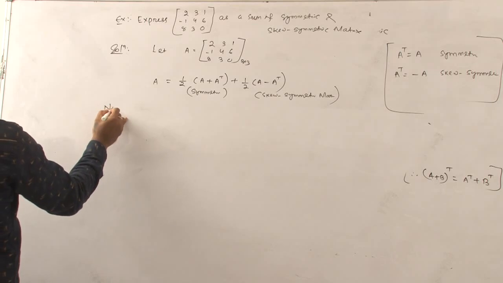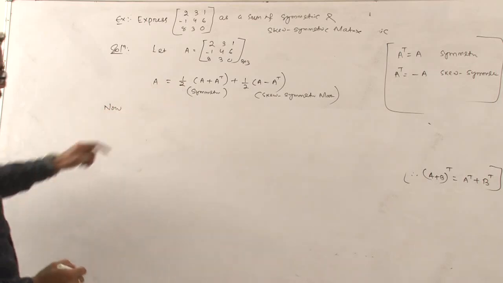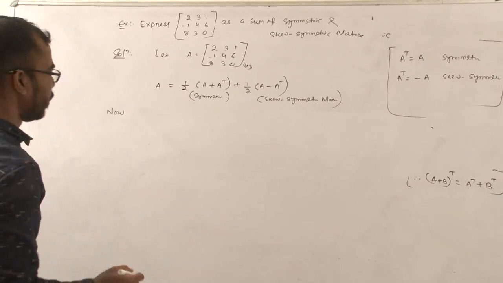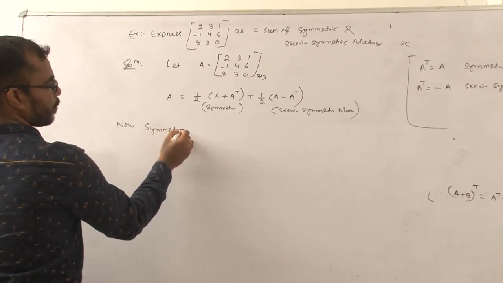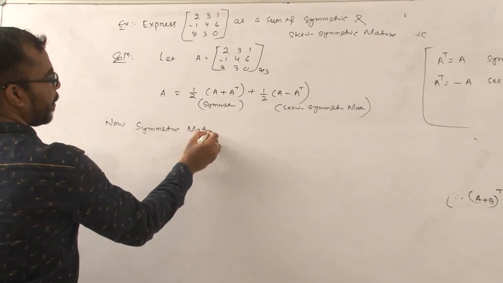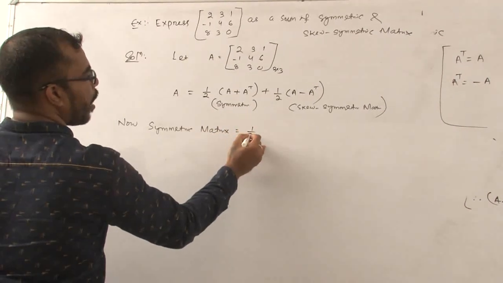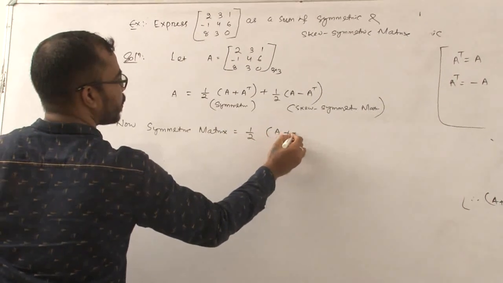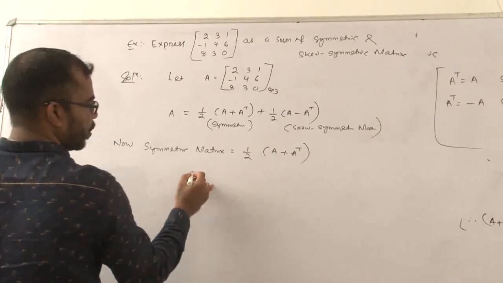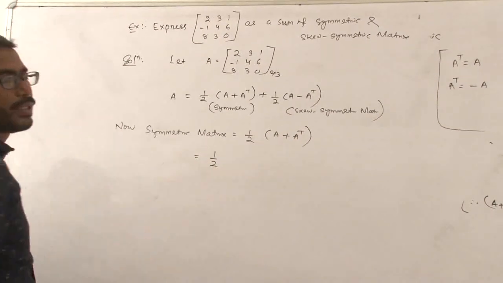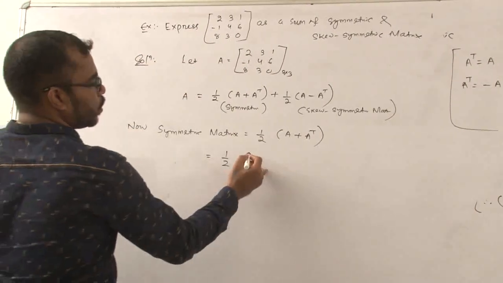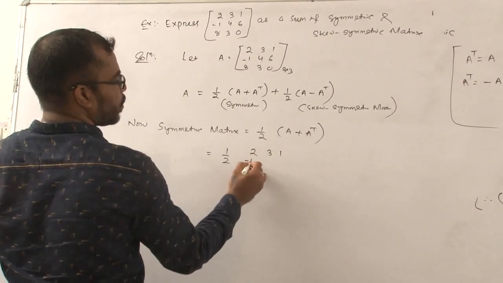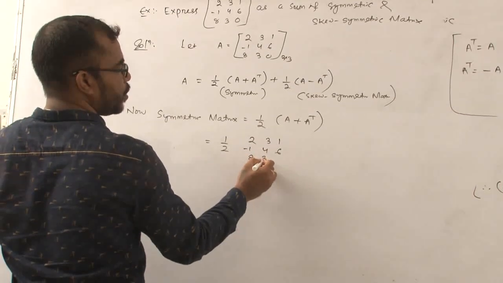Now, first we find the symmetric matrix. The value of the symmetric matrix is half of A plus transpose of A. Here the value of A is 2, 3, 1, minus 1, 4, 6, 8, 3, 0.